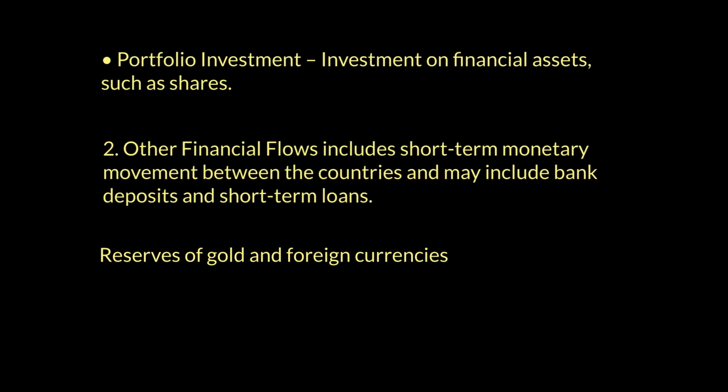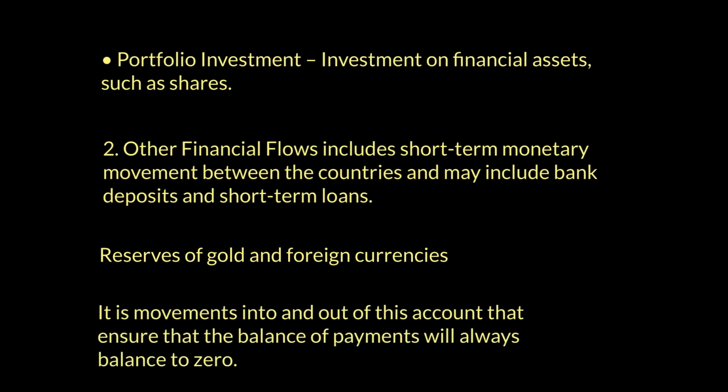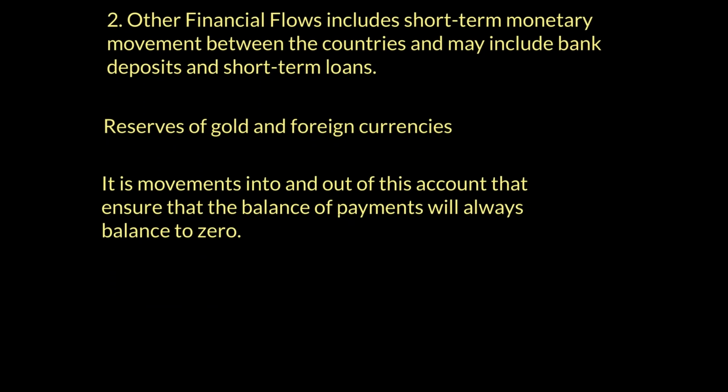This way, by moving the money out from our balance of payment account and into the reserve account, we have made the balance of payment balance to zero. Similarly, if there is a deficit in all of the other accounts, current plus capital plus financial, and the balance is negative, then the official reserve account will provide that money.